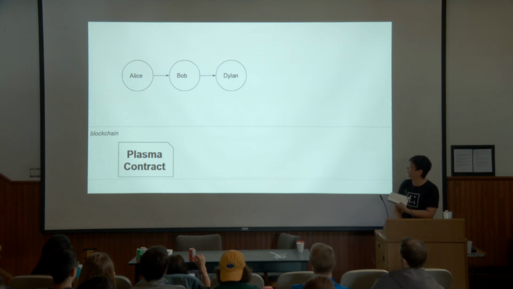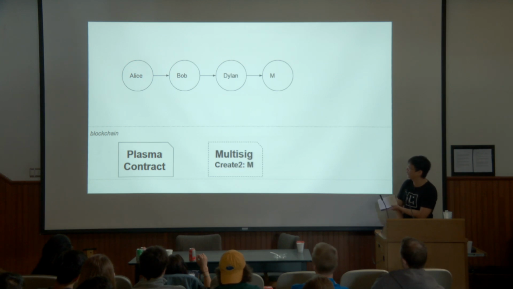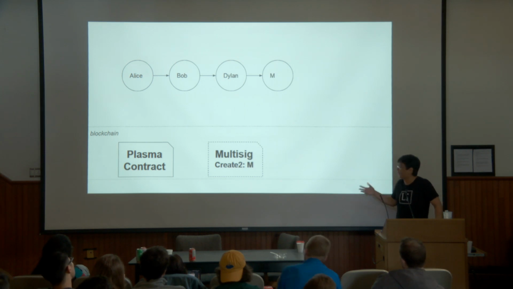The specific way that I propose to implement payment channels on Plasma is that instead of just locking to specific EOAs, they can also lock to a contract address. So it locks to this thing called M, and M turns out to be the CREATE2 address of, well, it says multi-sig, but it's a CREATE2 address of the state channel adjudicator contract, or the state channel deposit holder.